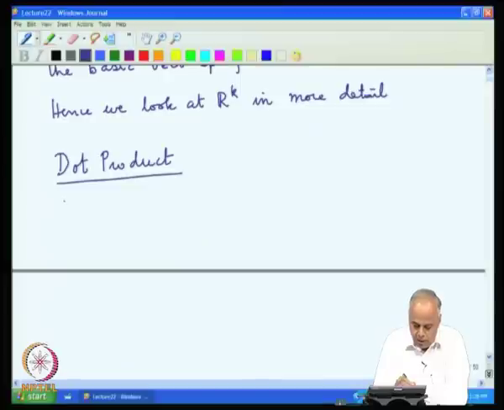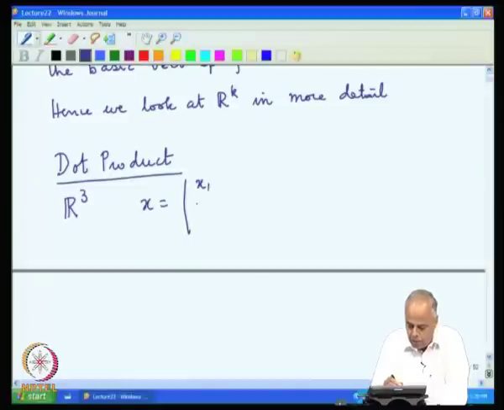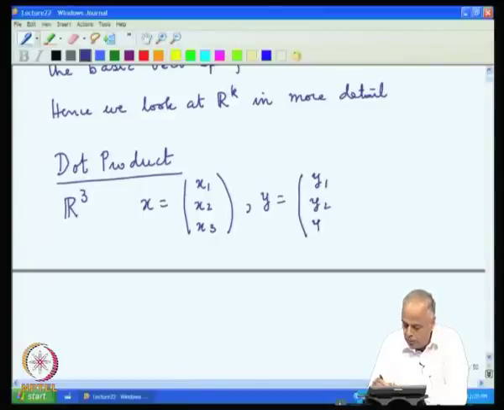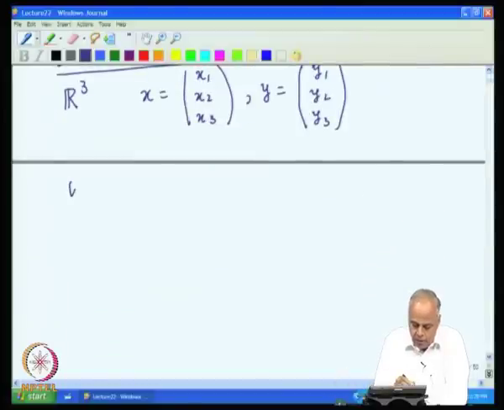Let us consider the vector space R^3. You may recall that if we take any vector x whose components are x1, x2, x3 and a vector y whose components are y1, y2, y3, then we define the dot product.